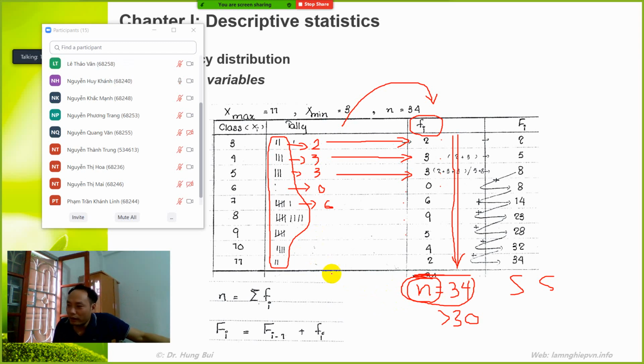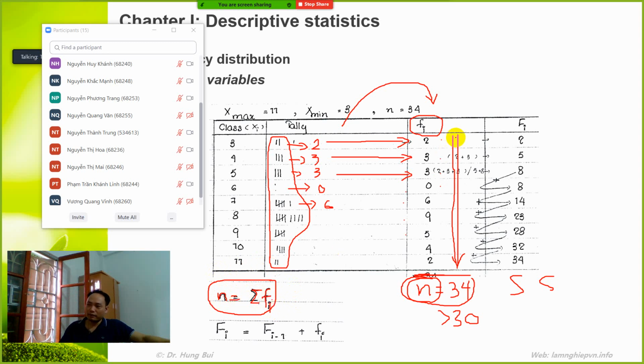Okay, very good. Now, I want you to write this formula down for me. Write down: N equals the sum of Fi.